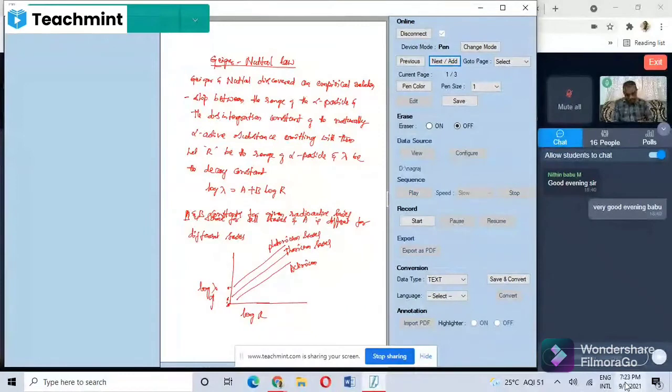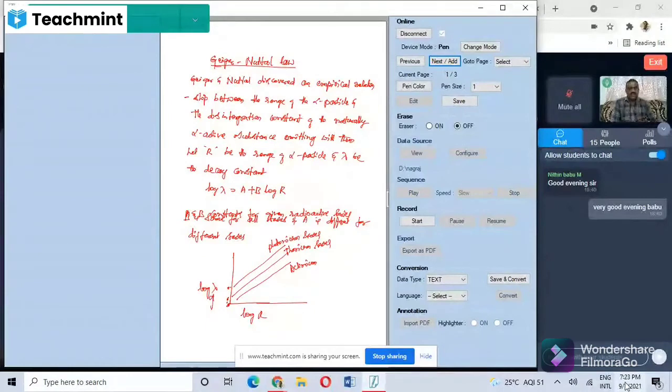A is different for different series, but B, the slope, is the same for all series.